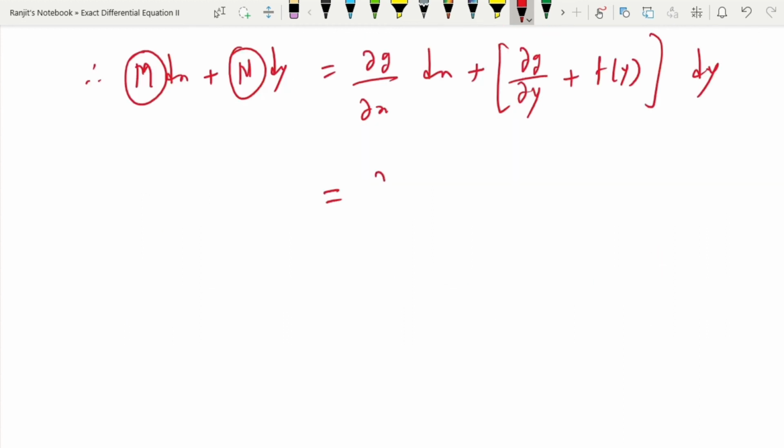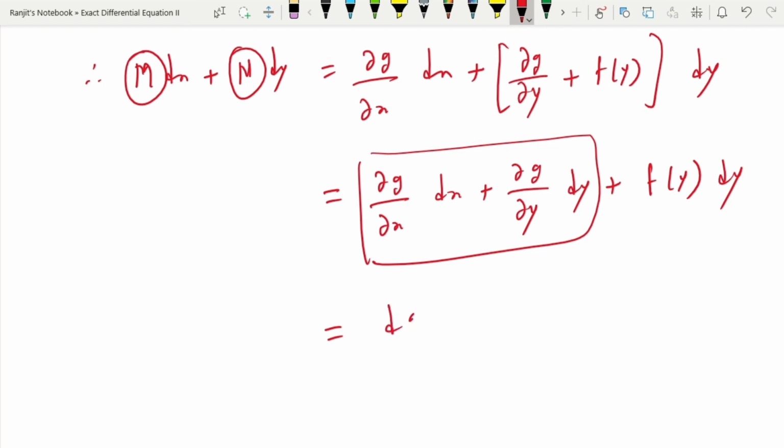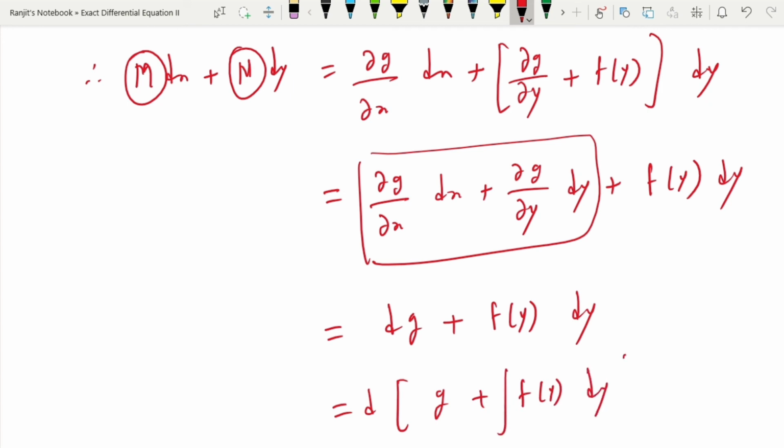This is equal to ∂g/∂x dx plus ∂g/∂y dy plus f of y dy. Now by using the total differential, the first two terms give dg, plus f of y dy. And this is equal to dg plus the integral of f of y dy.